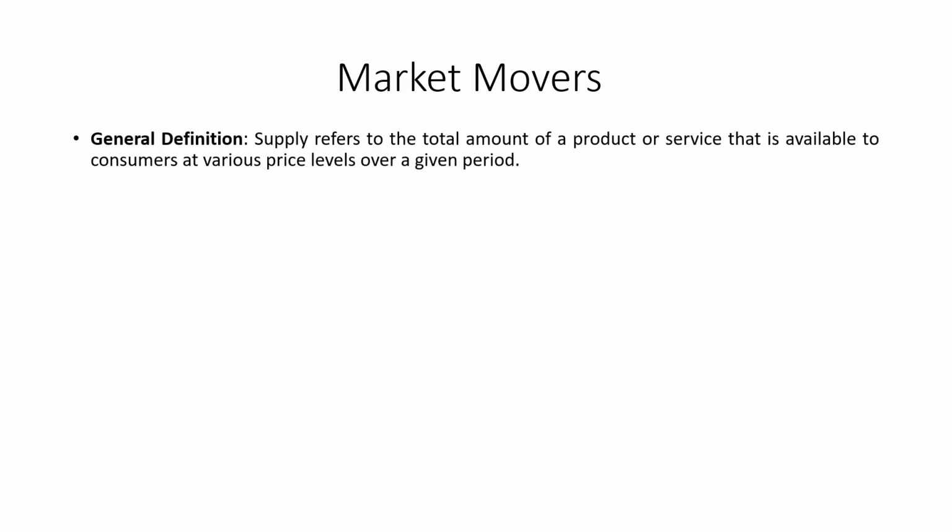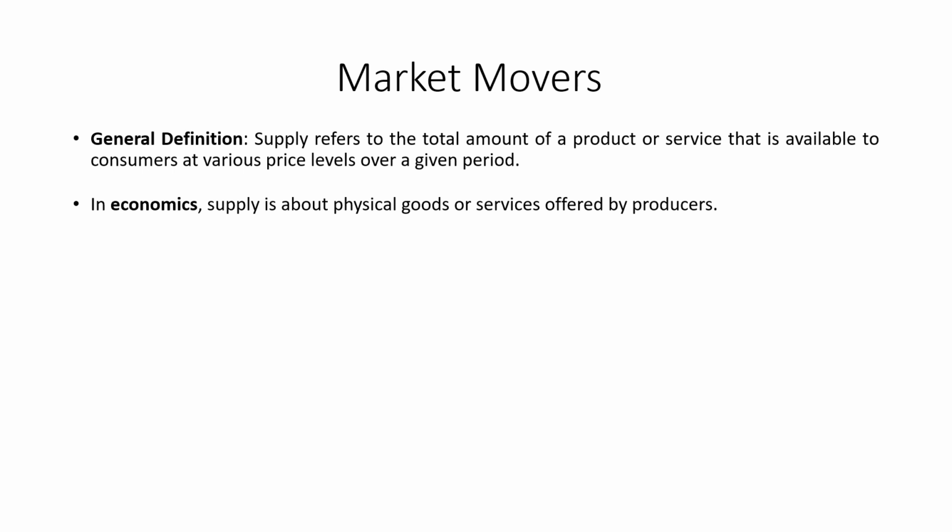The general definition for supply as per economics is that supply refers to the total amount of product or service that is available to consumers at various price levels over a given period. In economics, especially when we're talking about a goods company or a services company, supply is all about physical goods or services offered by producers, the people who manufacture.